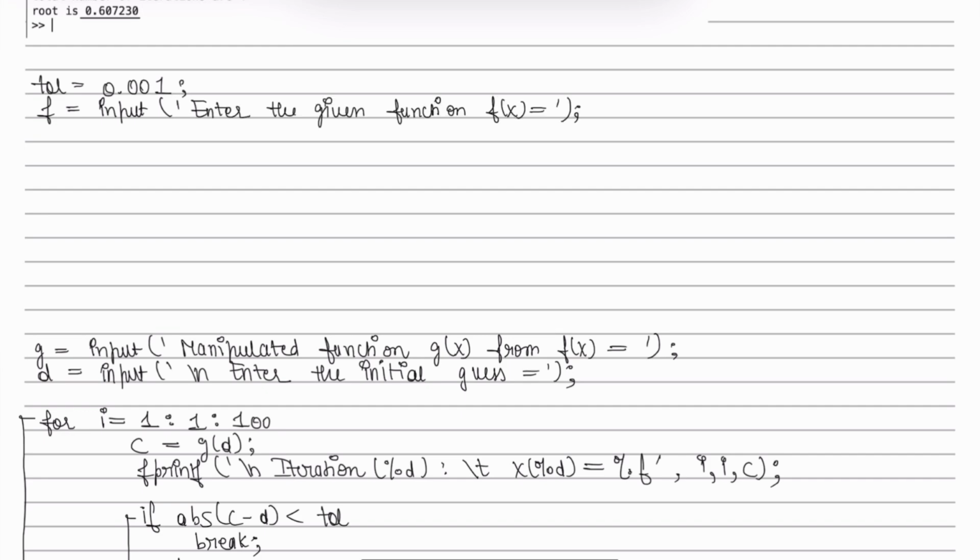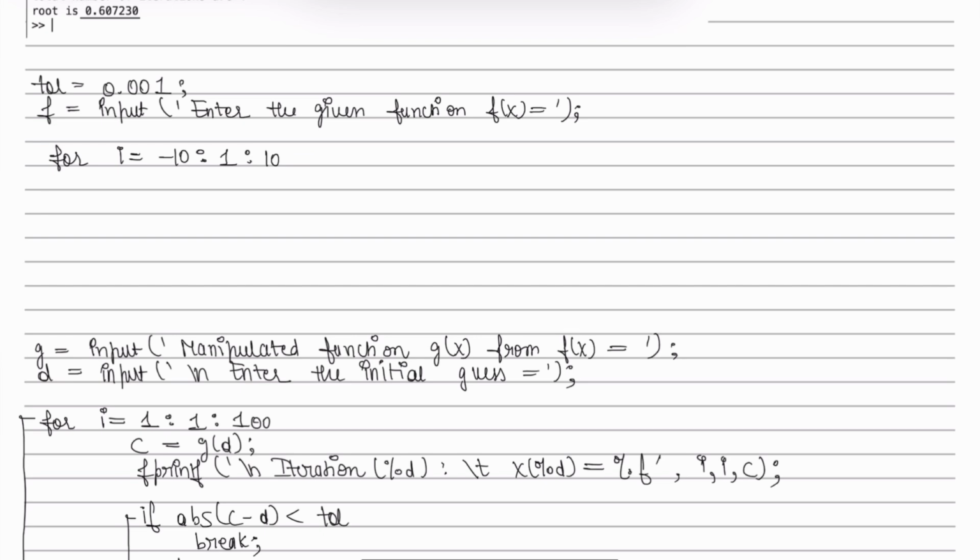After entering the function, we have to check where the intermediate value property is satisfied. For this, we will use a for loop, and I am initializing the for loop from -10 with an increment of 1 till 10.